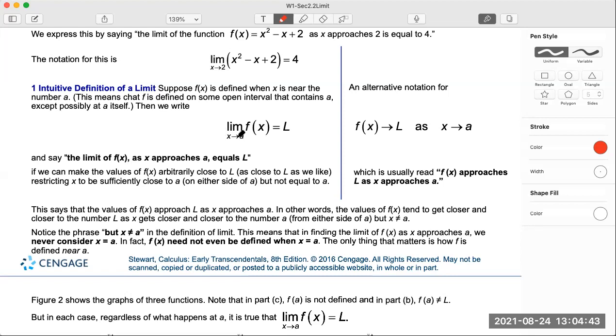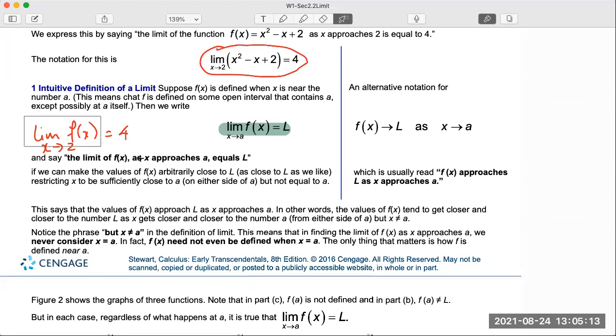Simply said, the notation for this would be like this. We say the limit of the function f of x as x approaches a equals L, right? In the previous example, it would be the limit of f of x when x approaches 2, and what was it? Yes, 4, and it is right here, right?